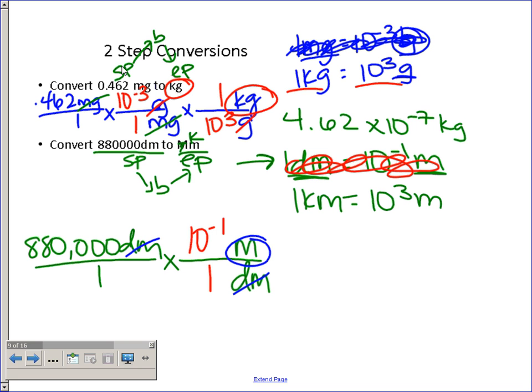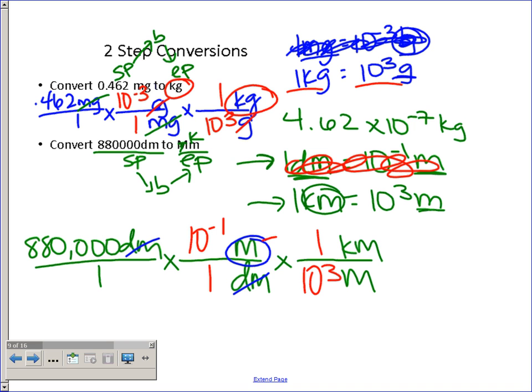Find the equivalence measure that has meters in it. What's the second one? Meters goes on the bottom. Kilometers, the only other unit there, has to go on top. 1 kilometer for every 10 to the third meters. Meters cancel. I'm left in kilometers. The question asked me for kilometers, so I can solve.